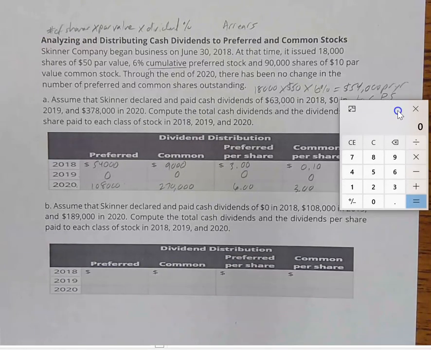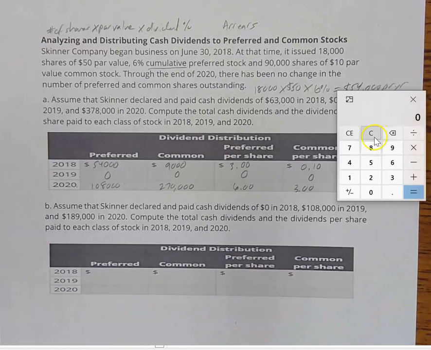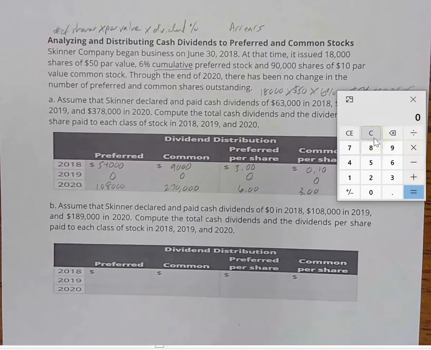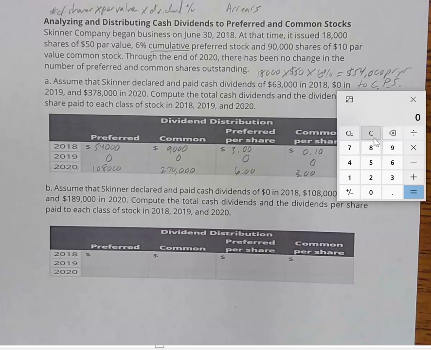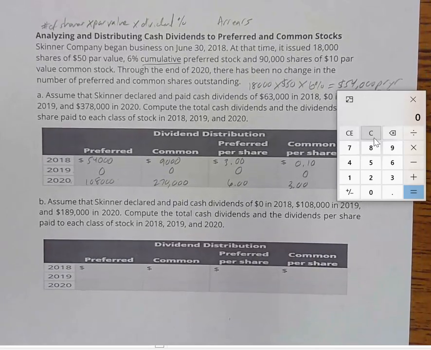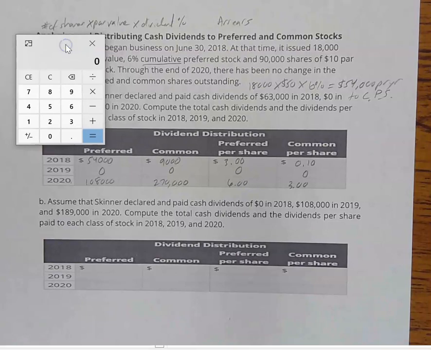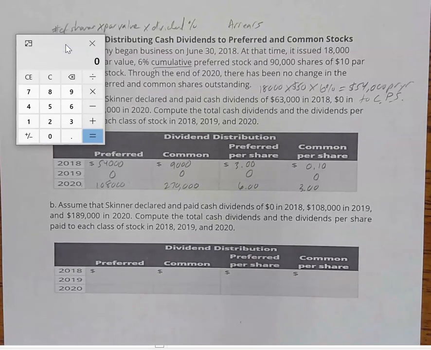Now they're probably going to change the facts on us. Let's see if we can move something. Maybe move the calculator. Yeah, so then we've got our little formula over here.